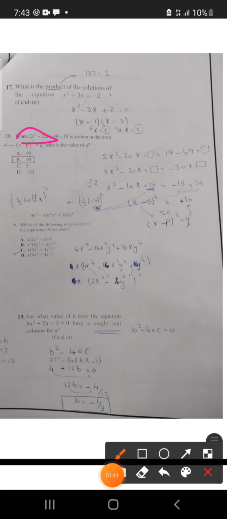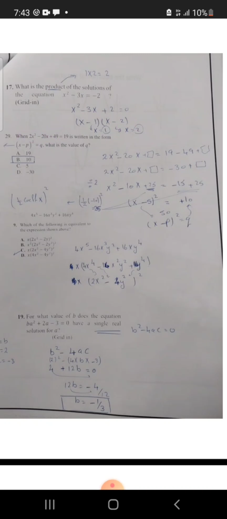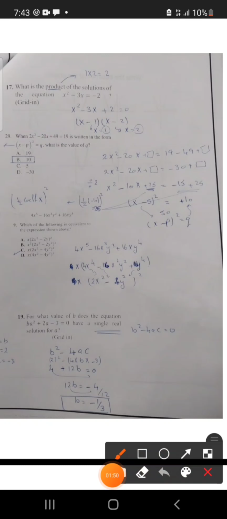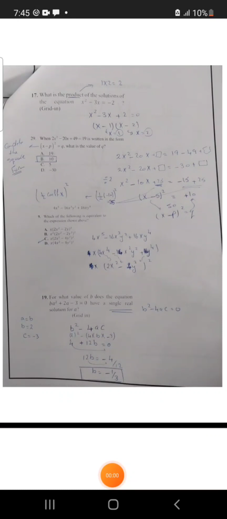Let x together and send the numbers the other side. So I will send the 49 the other side with -49. Then you wanted to get 19 minus 49, combine the like terms, -30.